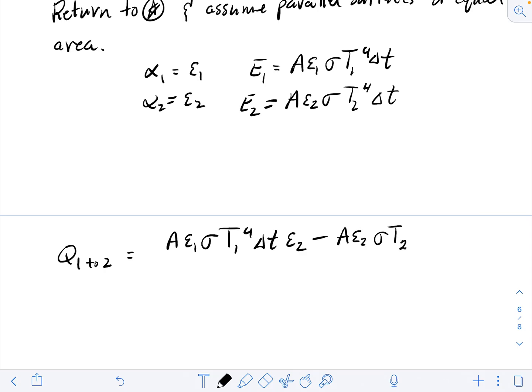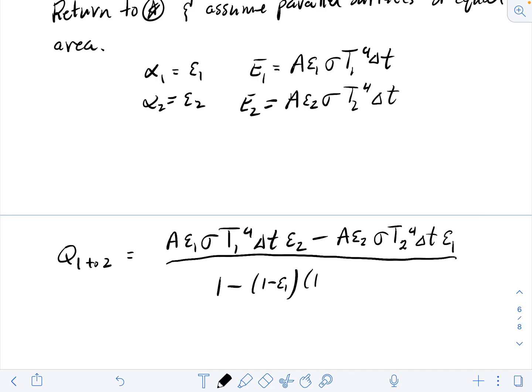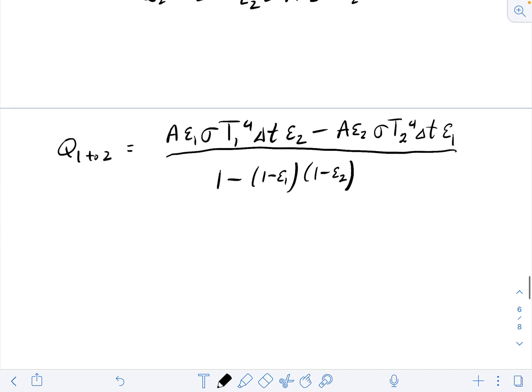And then we subtract A epsilon 2 sigma T2 to the 4th delta T. So that's E2 times, it was alpha 1, but alpha is equal to the emissivity, so we'll put epsilon 1. And then we have 1 minus beta. And beta we can write as 1 minus epsilon 1 times 1 minus epsilon 2.